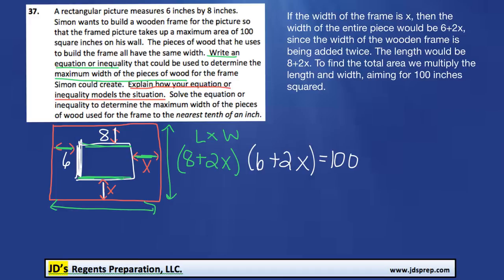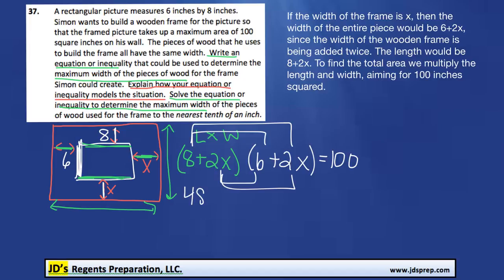Now, for the third and final part of this problem, we need to solve the equation or inequality to determine the maximum width of the pieces of wood. In other words, we need to find out what x is. And we can do that by solving this equation. I'm going to start by using the FOIL method here. We're going to be multiplying all these terms together.